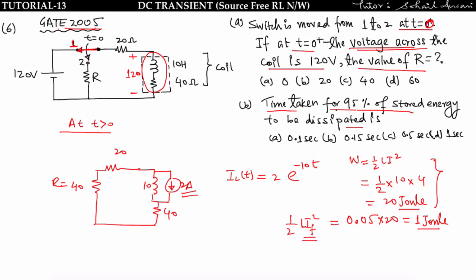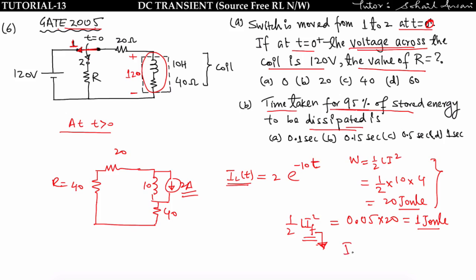When 95% of the energy is dissipated, what is the value of current in the inductor at that time? That is the IF. If I find IF, then I can easily find the time taken for 95% of the stored energy to dissipate. IF is nothing but iL of t at that time.